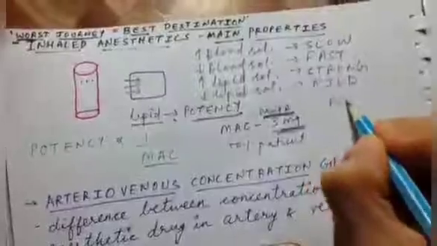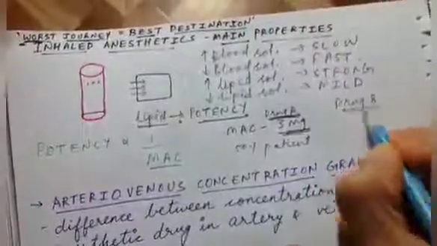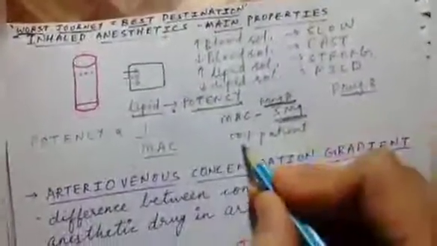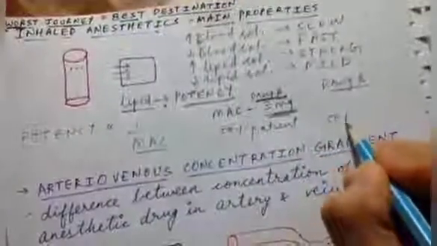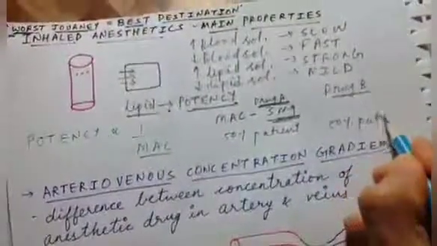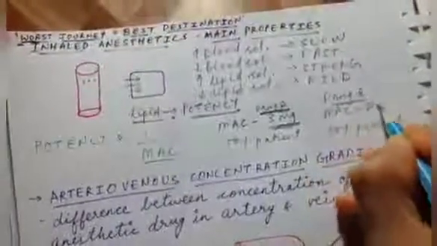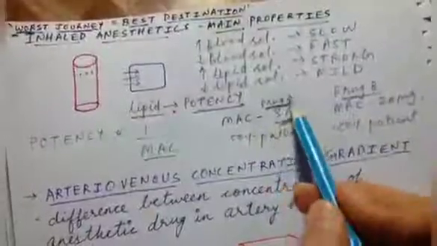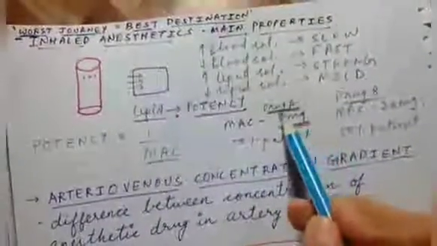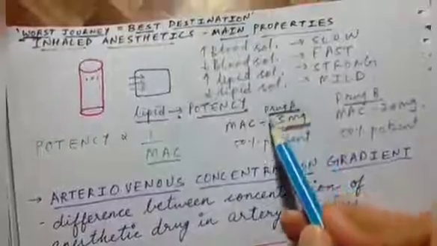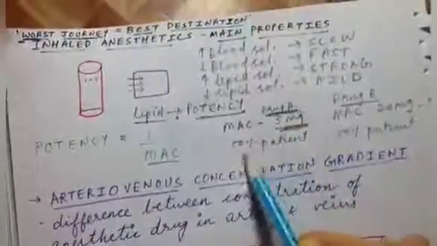Now let's say another drug is drug B. If drug B wants to produce its effect in 50% of patients, it requires, let's say, a concentration of 20 milligram. So which drug is more potent? I think drug A is more potent, even with a very small concentration, it is producing the same effect.